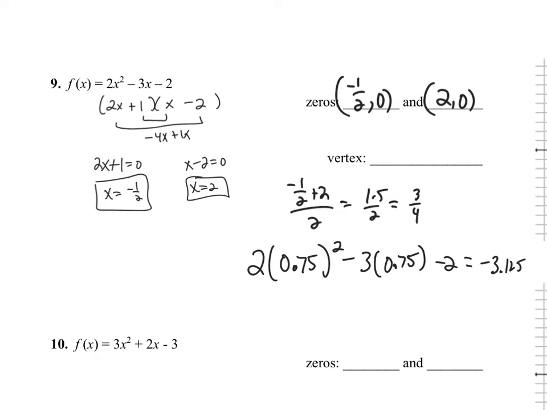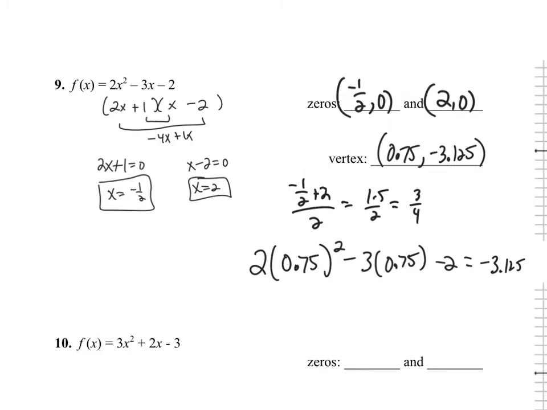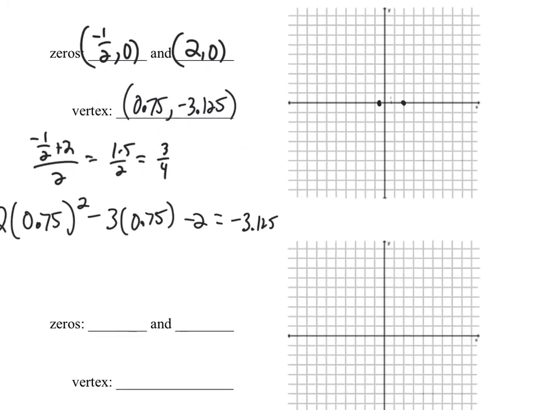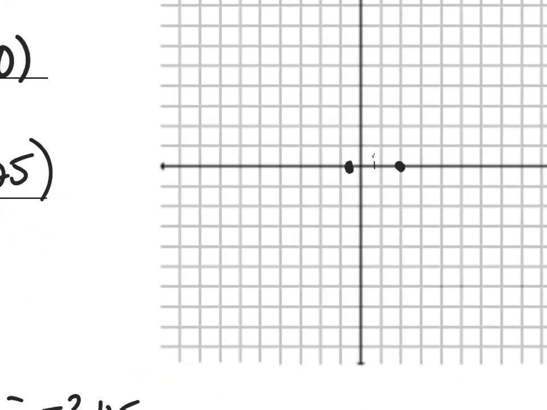So our vertex is going to be 0.75, comma, negative 3.125. So if I go over here, negative 3.125 is about right there, so our graph's going to look something like this.